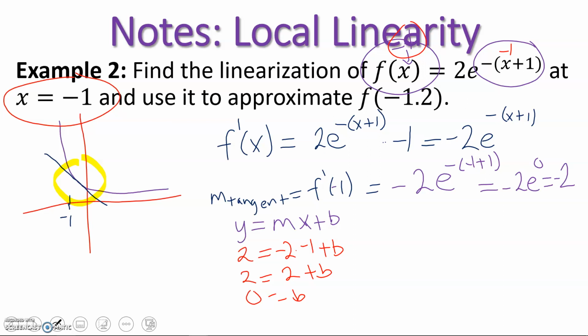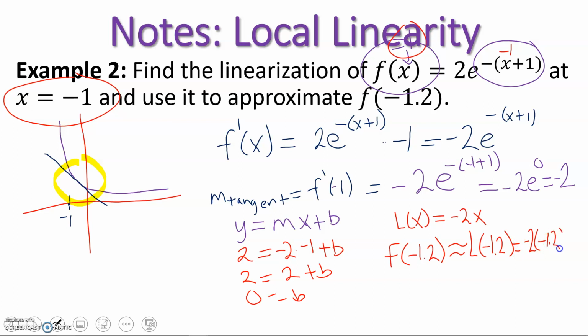That means our tangent line, or our local linearization, is L of x equals simply -2x. Meaning if we're trying to approximate f of -1.2, that will be approximately L of -1.2, which is -2 times -1.2, which is 2.4.